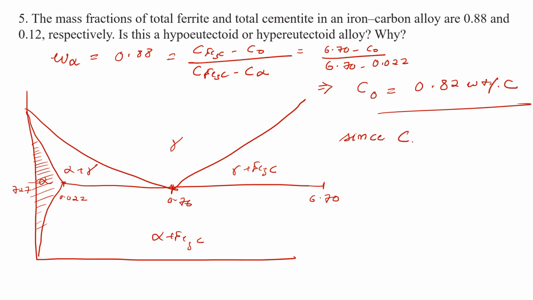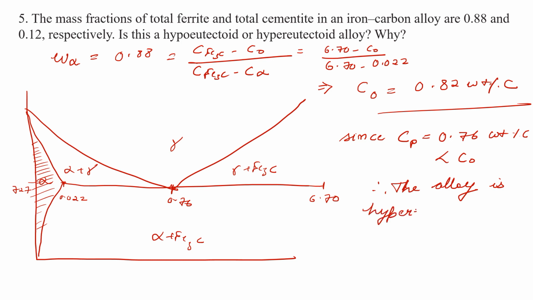Since the eutectoid composition, the composition at 100% pearlite, is 0.76%, which is lower than C naught, therefore the alloy is hypereutectoid.